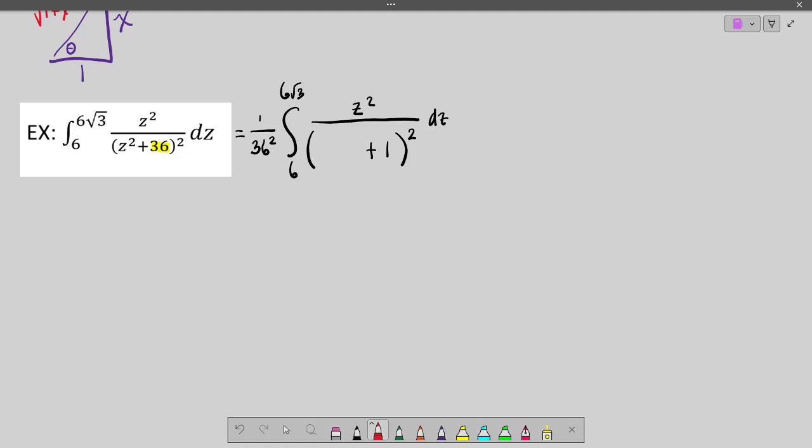Because remember that this doesn't have a 36, so we multiply it by 36 over 36. The 36 here and here are factoring to the front. So what we're left with right here is z squared over 36. So the z squared over 36, if we want to write it as a single square, is z divided by 6, quantity squared. So z over 6, quantity squared.